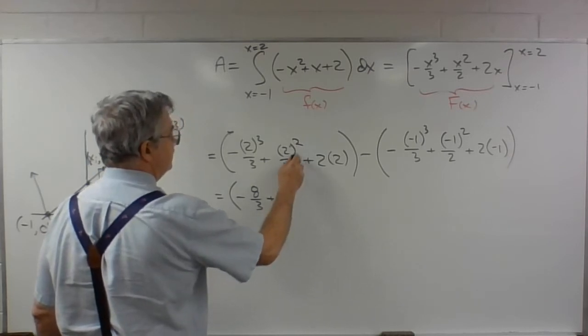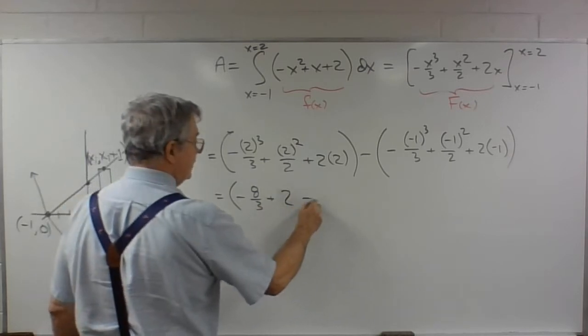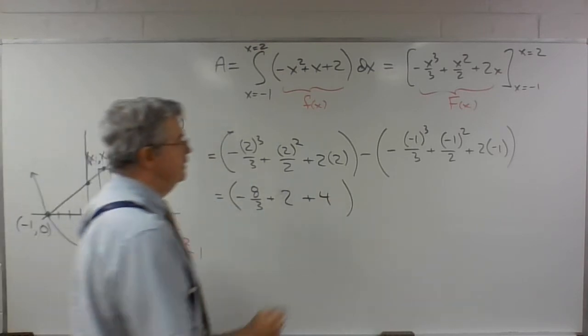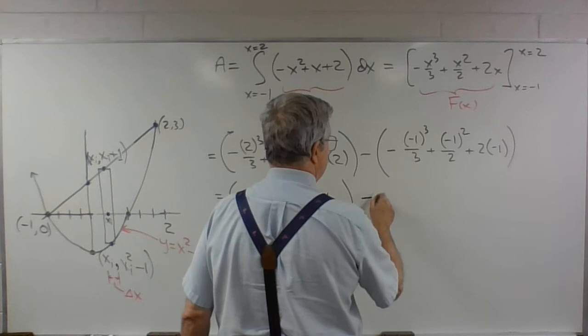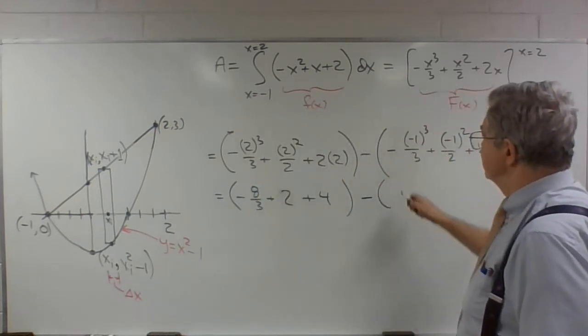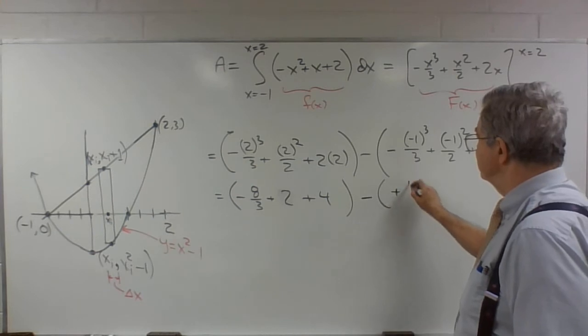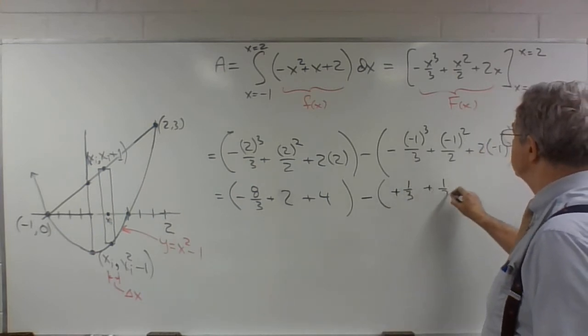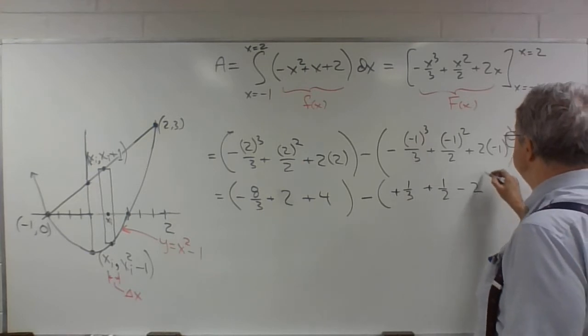Yeah, this is 2, 4 over 2. -1/3, take negative that is +1/3, plus 1/2, minus 2.